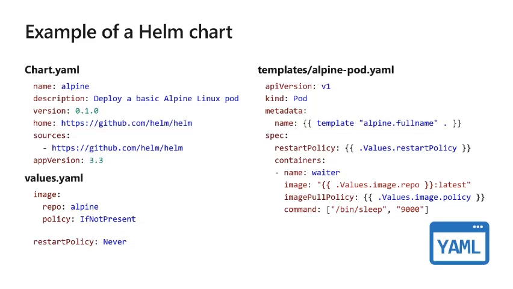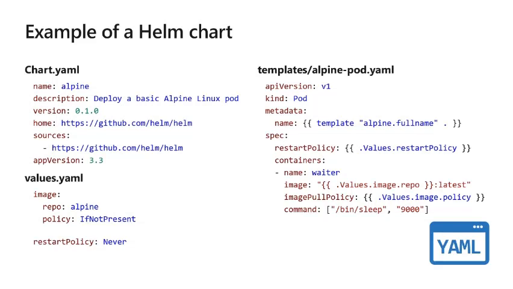This is an example, with a few files omitted, of a Helm chart that runs a single pod running Alpine Linux. The Chart.yaml file contains metadata about the Helm chart that is used to describe the chart. The values.yaml file defines the default values that are set but can be overridden when the chart is installed.